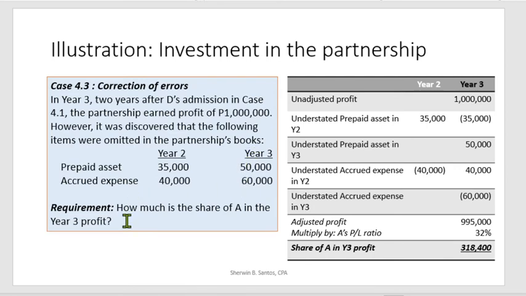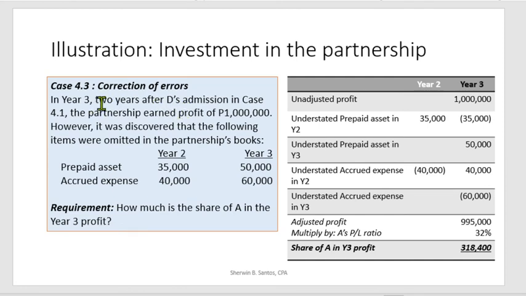Requirement, how much is the share of A in the year 3 profit? Okay, let us analyze the transactions muna. Merong omission of an asset and a liability account, prepaid asset and accrued expenses for year 2.